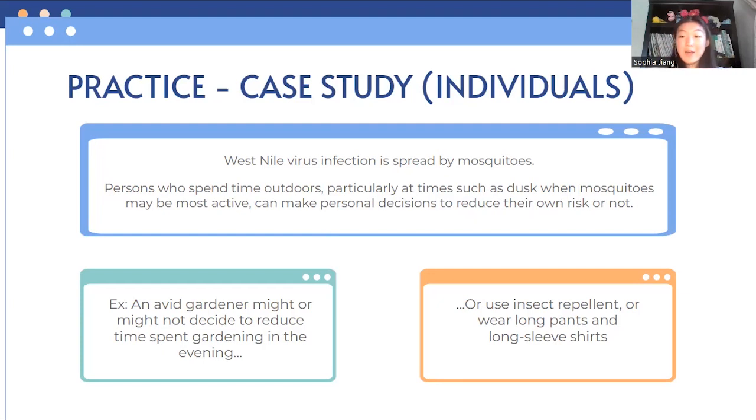People who spend time outdoors, particularly at times such as dusk, when mosquitoes may be most active, can make personal decisions to reduce their risk or not. For example, an avid gardener might or might not decide to reduce time spent gardening in the evening, or he could use insect repellent, or he could wear long pants and long sleeve shirts, all things to reduce that risk from the mosquitoes.